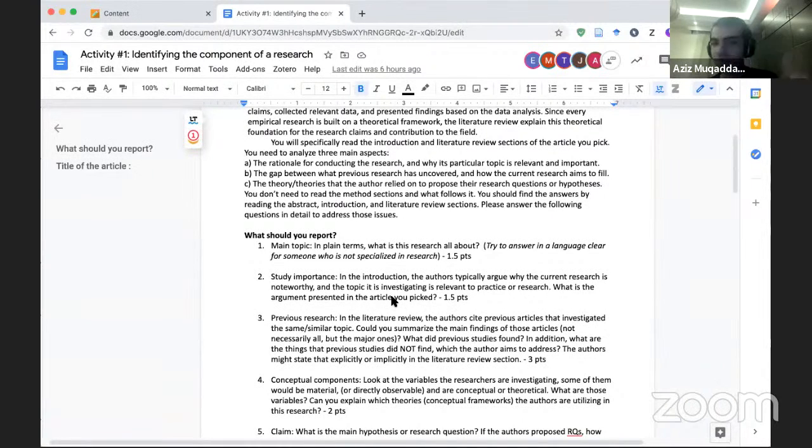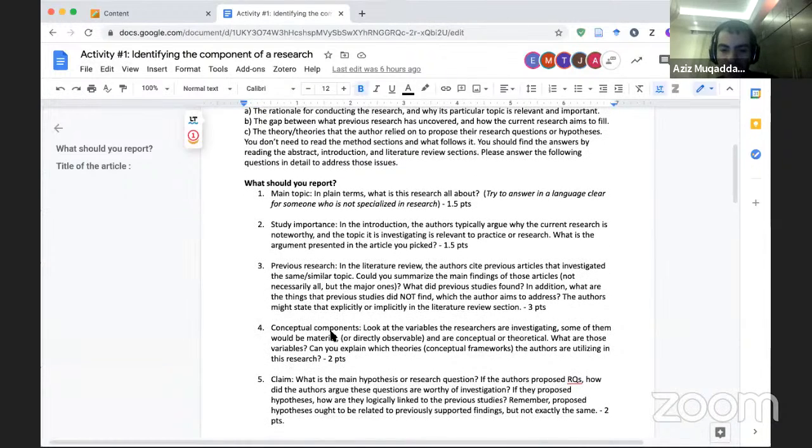Otherwise, the article would be just replicating a previous study, which is not the case, or should not be the case. Sometimes the authors would state this explicitly. They would tell you the previous findings, and then they would say, however, there's a gap in the literature regarding X, or we see a lot of findings investigating Y. So they would tell you, here's what we know from previous research, but here's the missing piece our investigation will address. By closer reading of the literature review, you could find that.